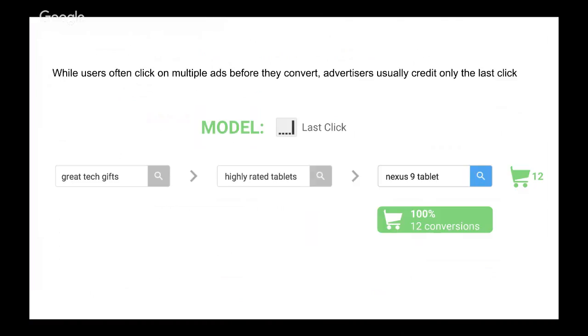But if we just do last click, only the Nexus 9 tablet would get the conversion credit. The previous search terms, such as gift or highly rated tablets, would not get any conversion credit at all. And this is not really optimizing the campaign, because in order for a person to identify which tablet to buy, you would start with very generic terms. And most of the time, generic terms don't get credit based on last click conversion.